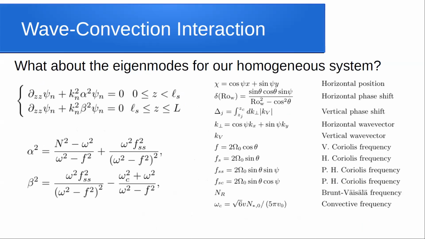Okay, so since we're looking at a simple system, it's basically just a Heaviside function for the Brunt-Väisälä frequency, namely it's some large value in the radiative region and then the small convective value in the convective region. This means that you just need to solve a system of equations.